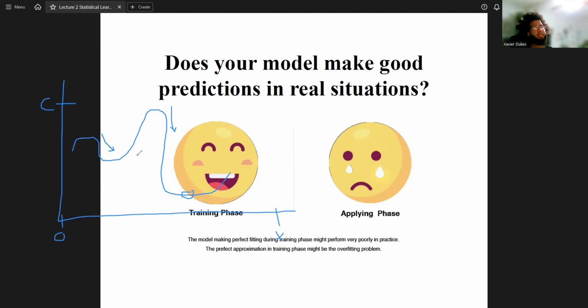If I were to get into an instance where the training data is 100% accurate and there's no error, there's no cost of the model, guess what?